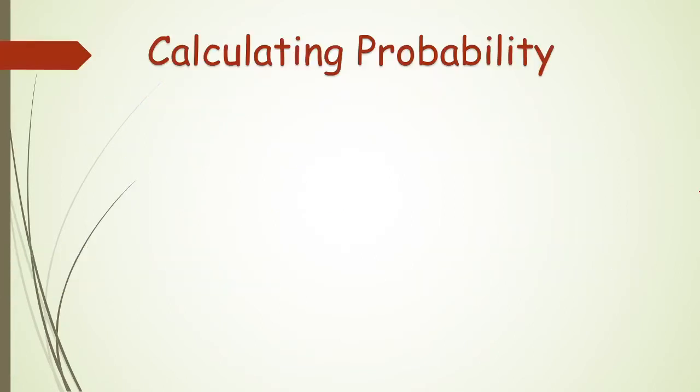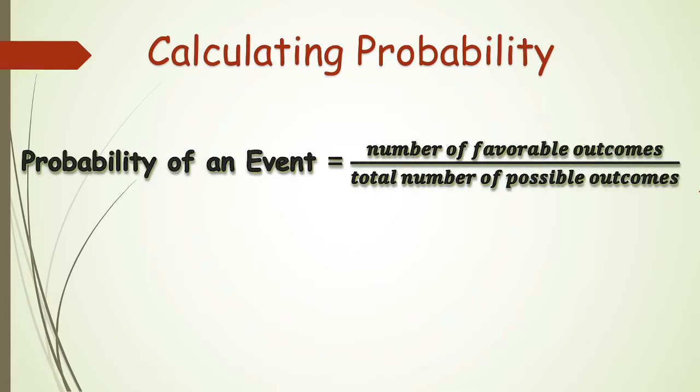Okay? Now let's go to calculating probability. This will be the formula. The probability of an event is simply equal to the ratio of the number of favorable outcomes over the total number of possible outcomes.